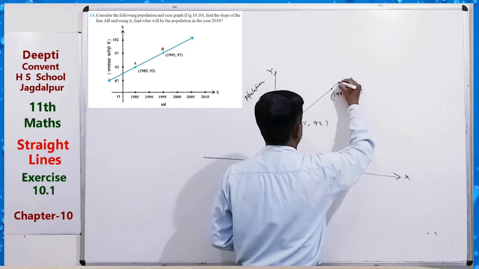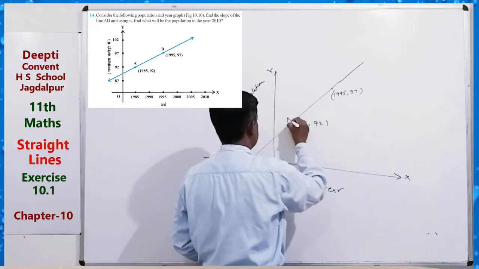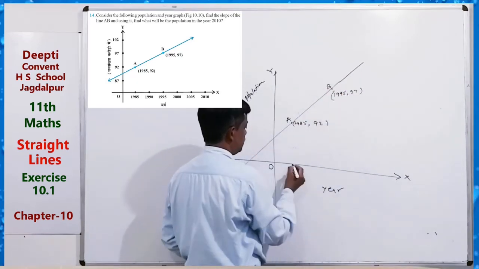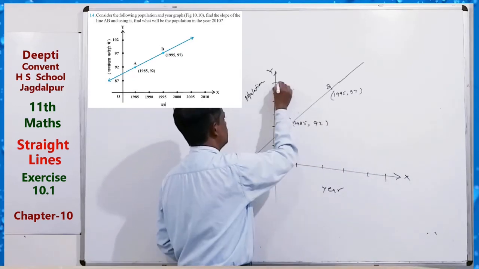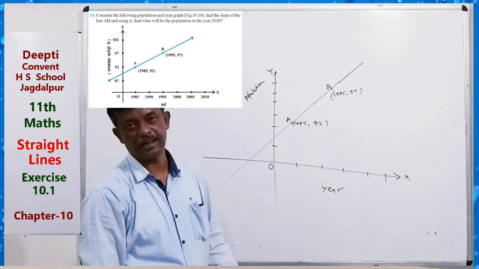This is A, this is B. The graph is like this, same as the book.